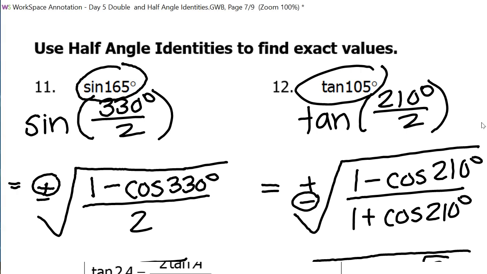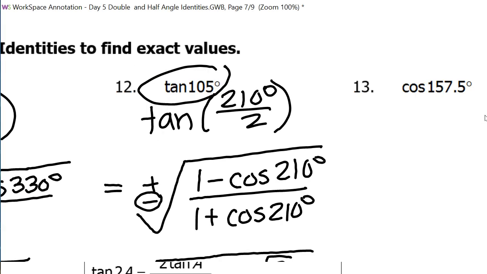Next one, 13. 157.5 degrees is half of what angle? 315 degrees.